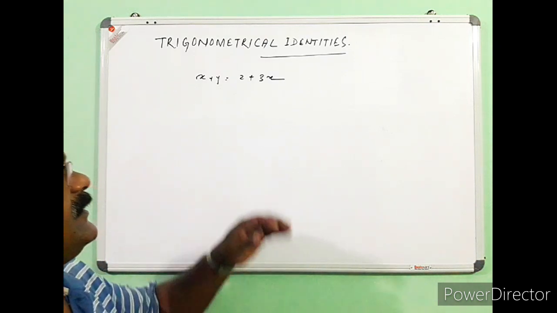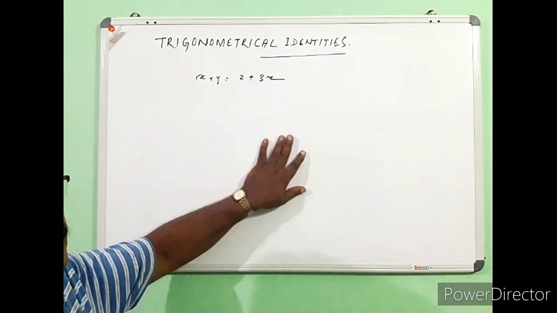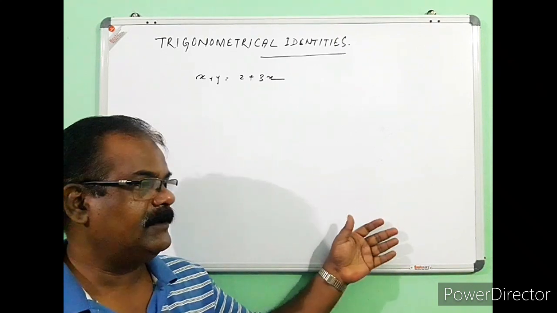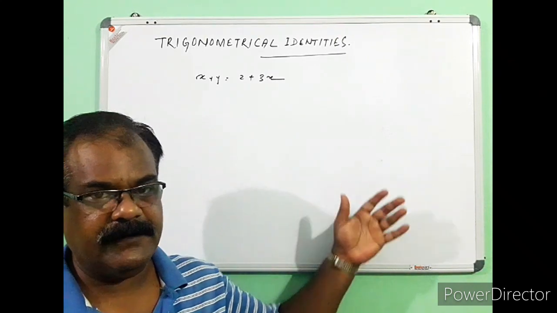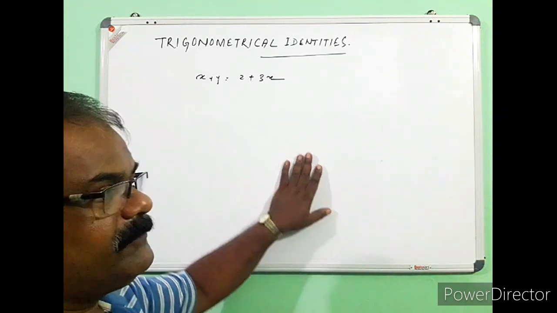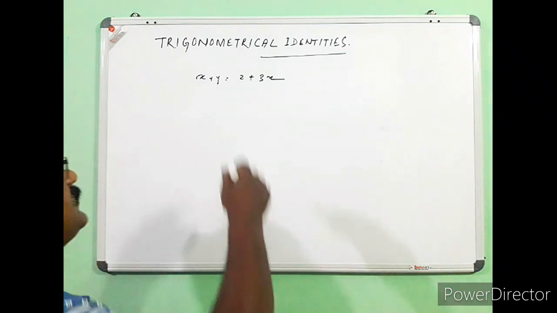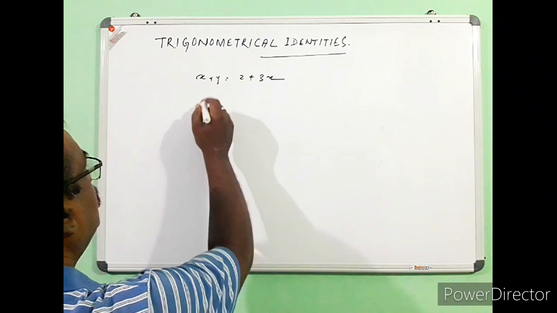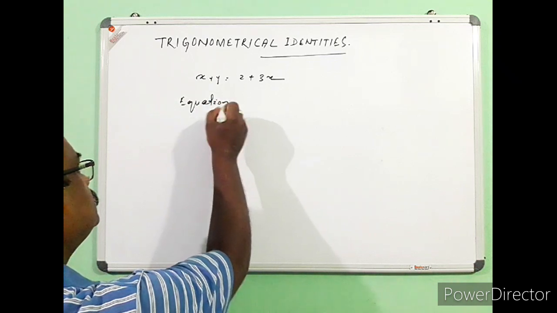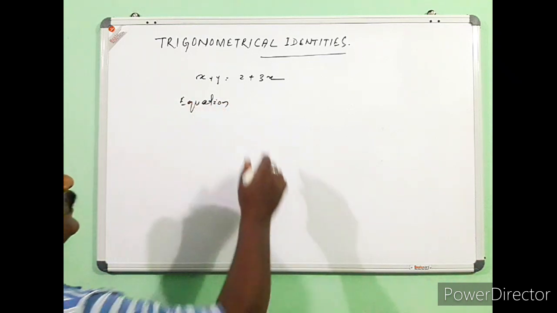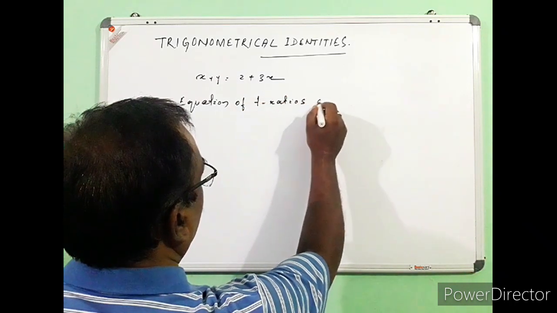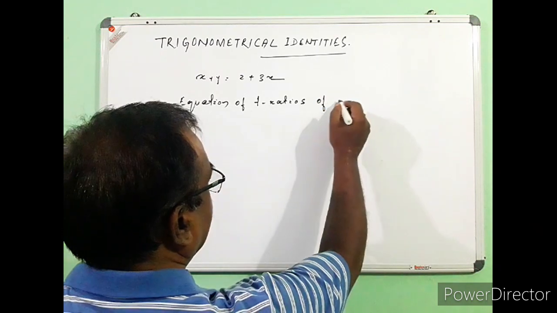Similarly, in trigonometry we also have equations of the trigonometrical ratios, taking an angle A, which will be true for all values of A. So a trigonometrical identity is an equation of trigonometrical ratios of a certain angle.